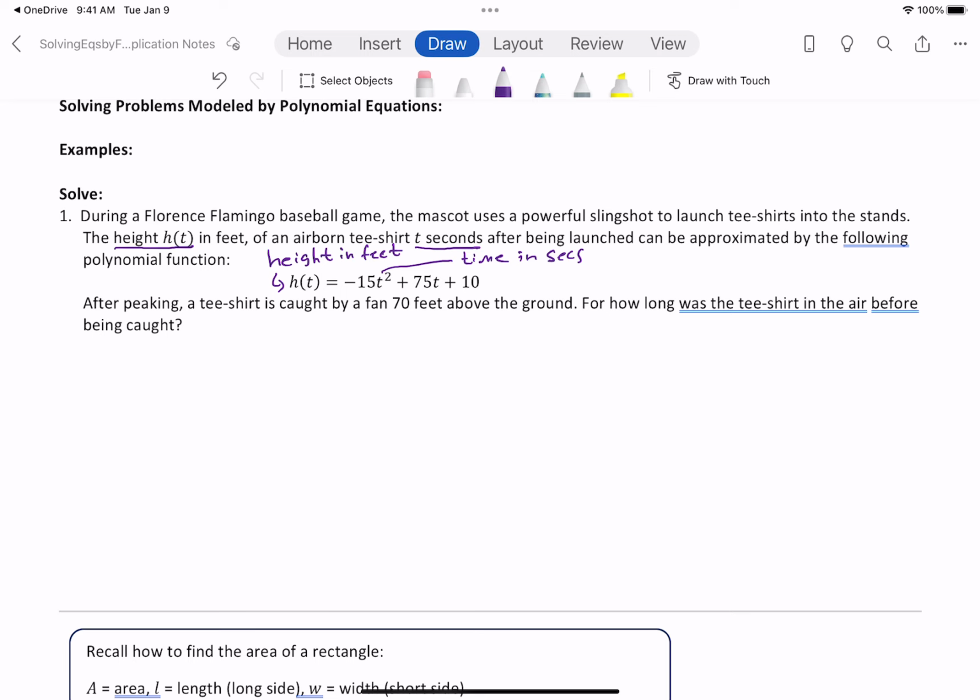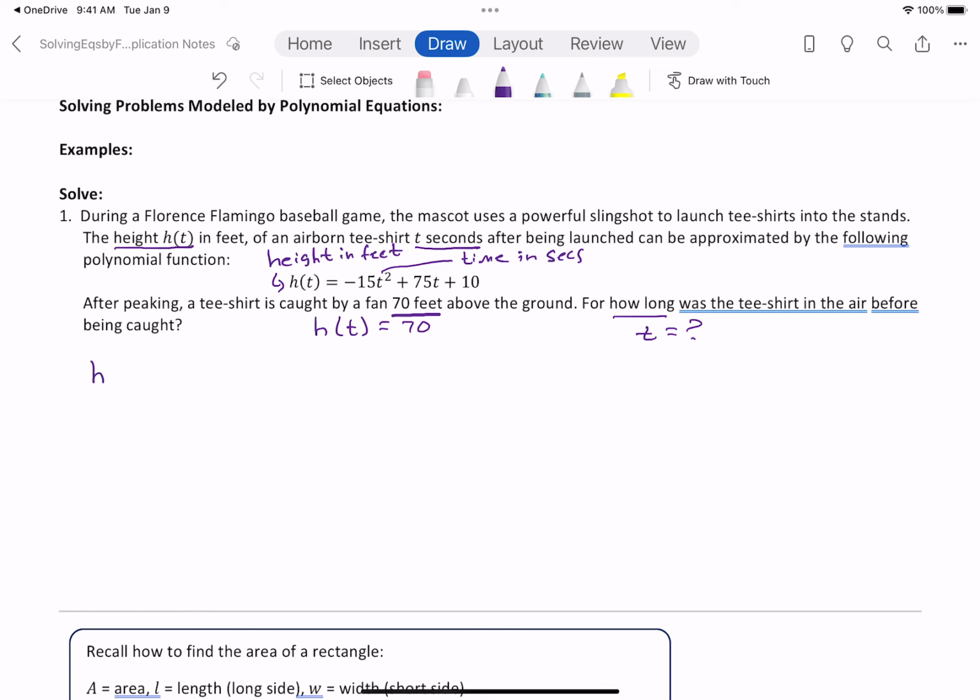So what we know is the t-shirt is caught by a fan 70 feet above the ground. So feet is a height. So what that means is the problem is telling me h(t) is 70. And it's asking how long, so that means I'm going to solve for t.